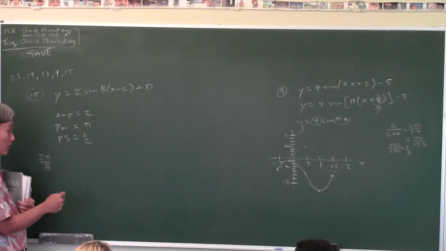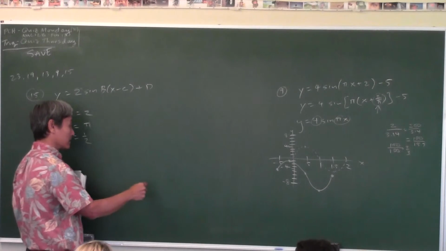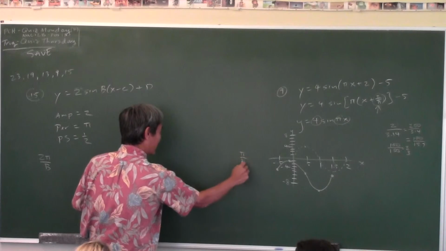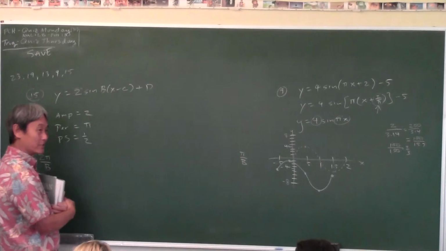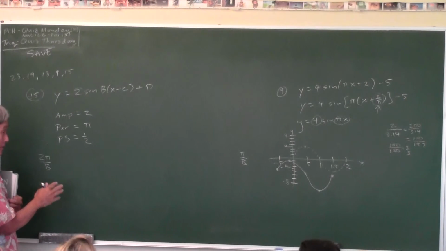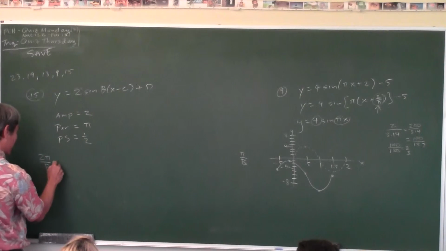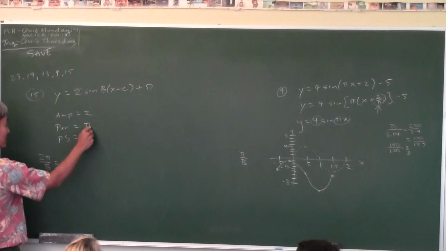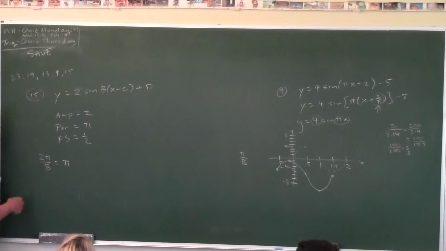Whereas for tangent and cotangent, the period is pi over b. But for sine and cosine, and of course cosecant and secant, it's 2 pi over b. So if 2 pi over b is equal to the period, which is pi, can you figure out what b is?